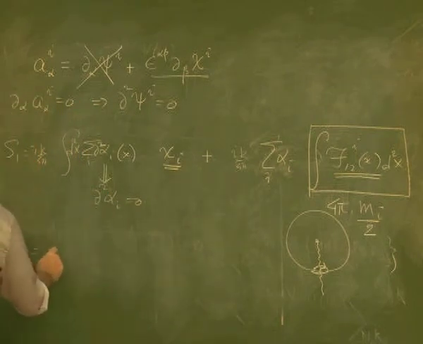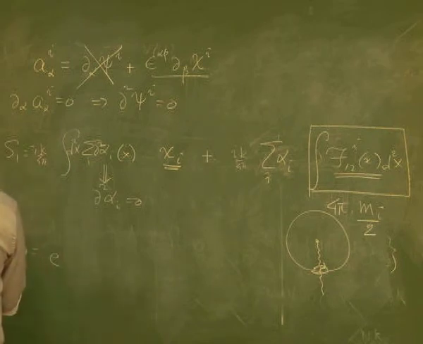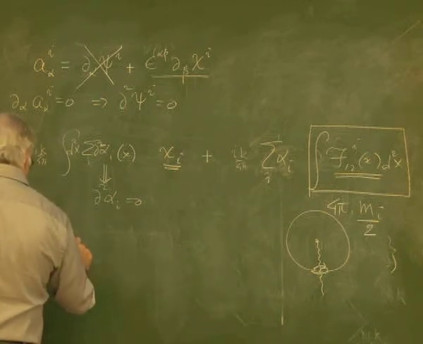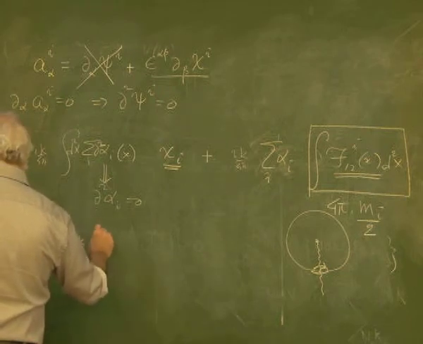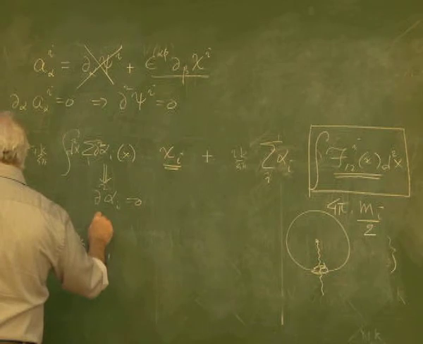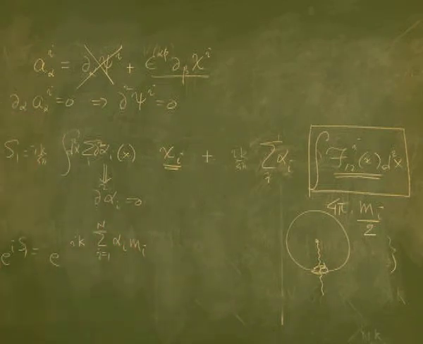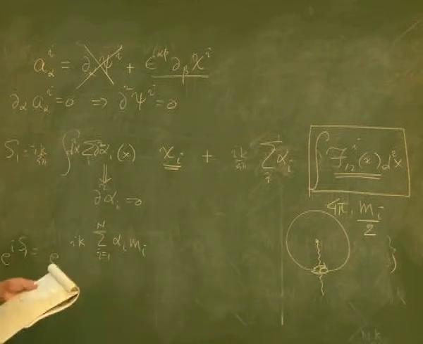So this integral, essentially e to the i times S1, is nothing but the following. If you put all factors and everything correctly, it is ik summation i equal to 1 to n alpha_i m_i. And this is for each U(1).